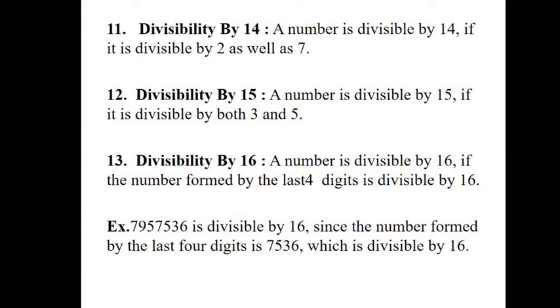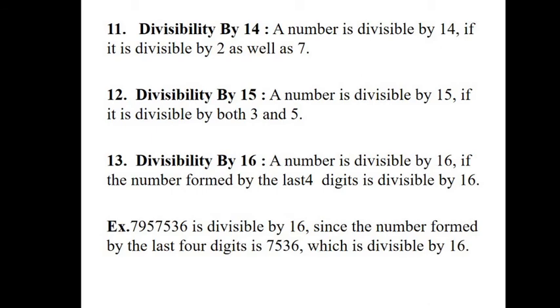Okay. Divisibility by 14 is also the same: we need to check the rules for 2 and 7. For 15 we need to check the 3 and 5 rules. For 16, similarly, we check divisibility by 4 and 4. For example, this number is given: 7957536.